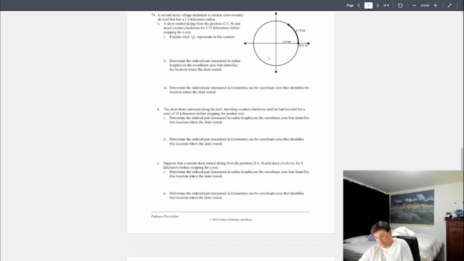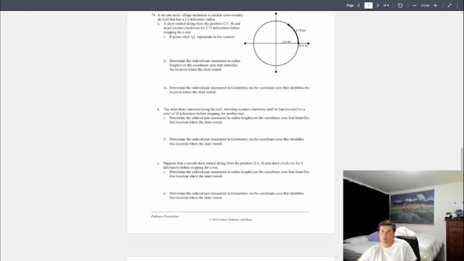10 kilometers. Alright, now what I can do, I can just find the arc length. Radius times theta.